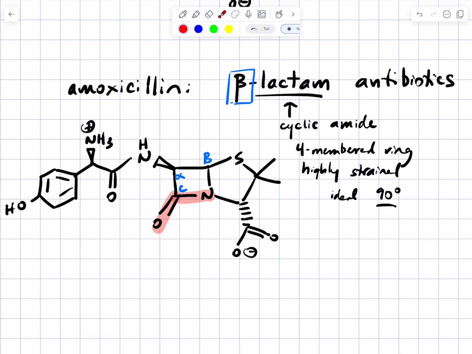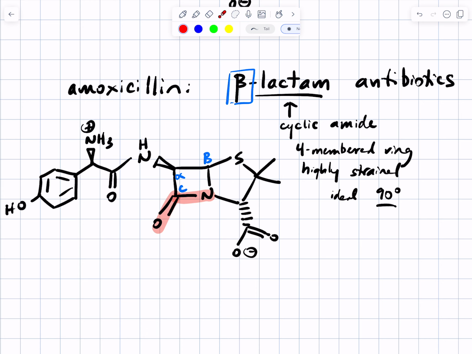The ideal bond angle for an amide, an sp2 hybridized carbon, is 120. So you're quite far away from that. And even for these sp3 hybridized carbons, the ideal bond angle there is 109. So we're quite away.